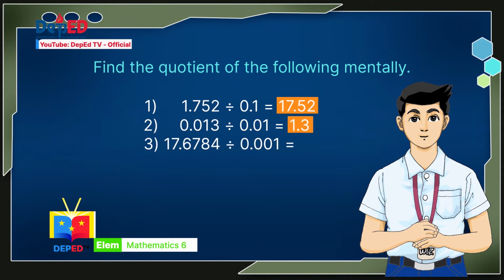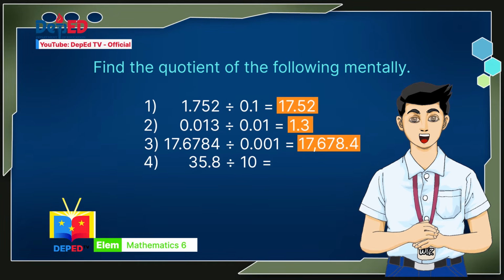Number 3, 17 and 6,784 ten-thousandths divided by 1,000th equals 17,678 and 4/10. Number 4, 35 and 8/10 divided by 10 equals 3 and 58 hundredths.